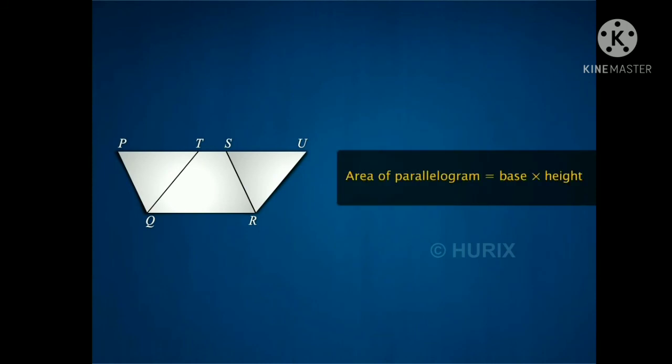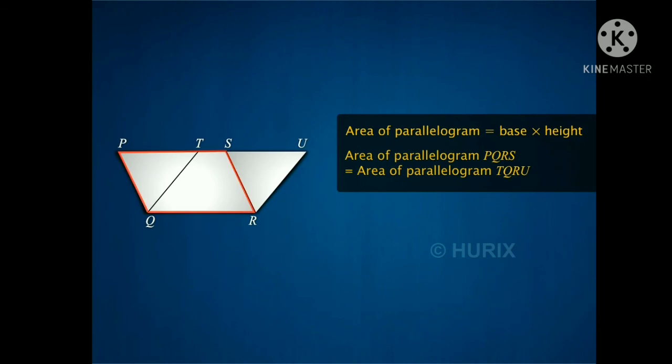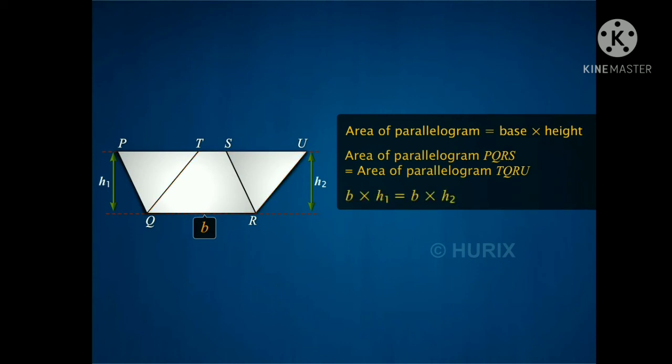You know that the area of a parallelogram is the product of base and height. Parallelogram PQRS and parallelogram TQRU lie on the same base and have equal areas. Now, if the height of parallelogram PQRS be h1 and the height of parallelogram TQRU be h2, therefore, the area of parallelogram PQRS is the product of b and height h1, and the area of parallelogram TQRU is the product of b and h2.